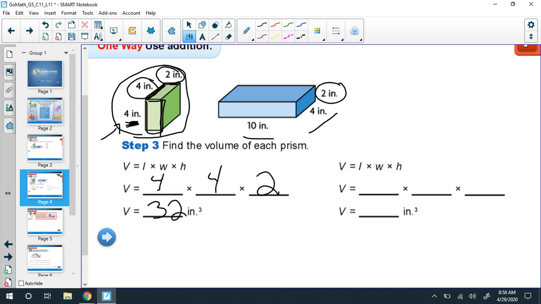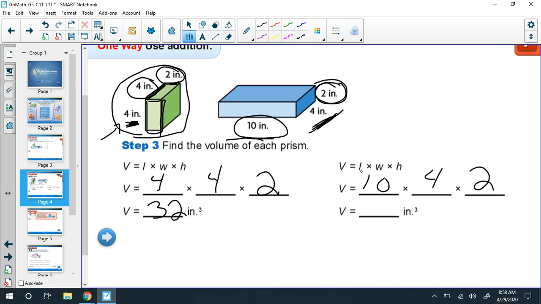Looking at the other one, let's use this on the front and say 10 is our length. We're going to use our front to back measurement of 4 as our width, and our 2 as our height. Remember, when all we have going on is multiplication, we can put these in any order that we want.